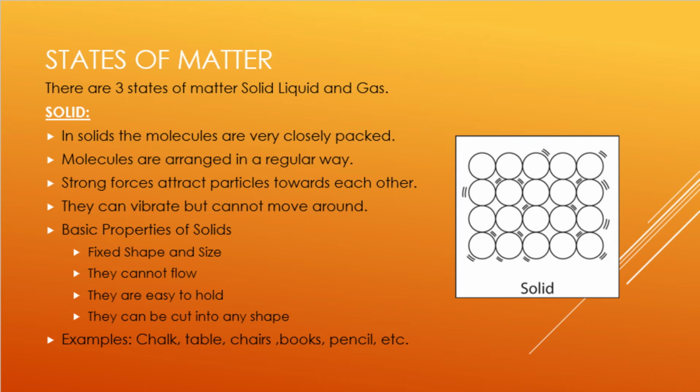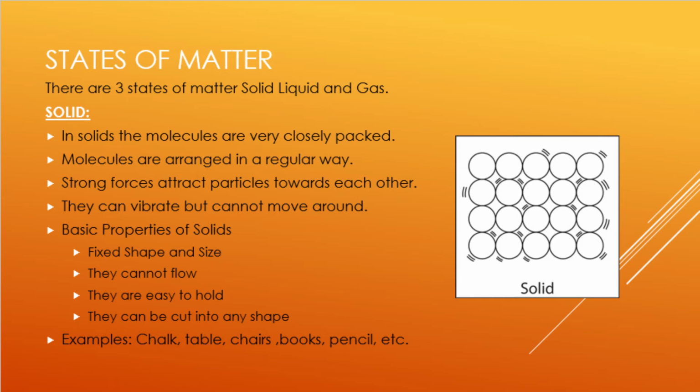Now solid. Tables, chairs, toys, books, pencils, spoons and paper are all examples of solid. In solid, the molecules are very closely packed. Molecules are arranged in a regular way and strong forces attract particles toward each other.